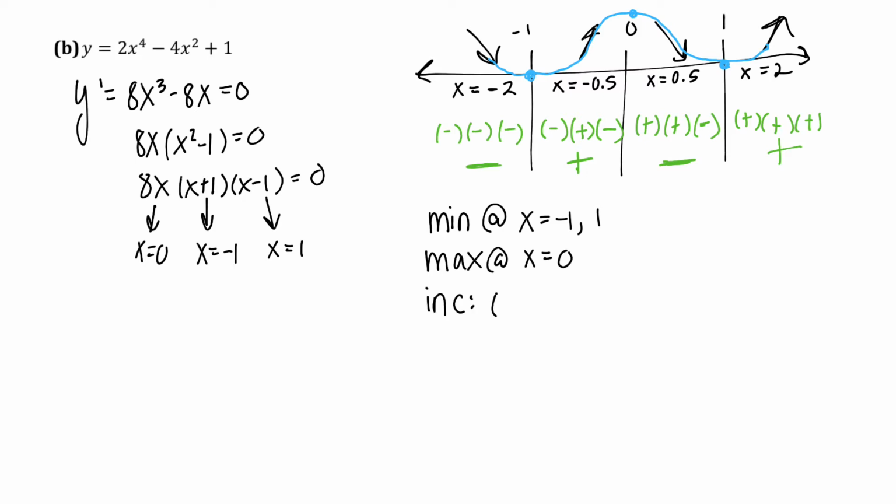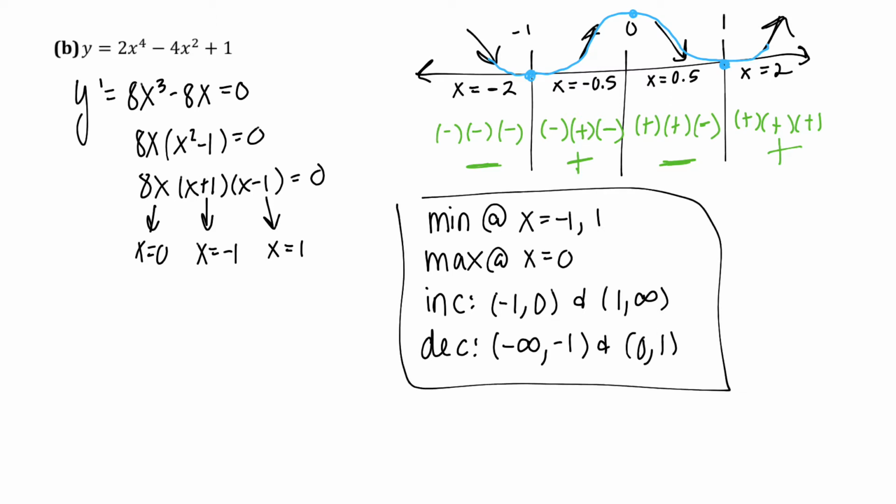The function is increasing from negative 1 to 0, and it's also increasing from 1 to infinity. And it is decreasing from negative infinity to negative 1 and 0 to 1. And that's that for this problem.